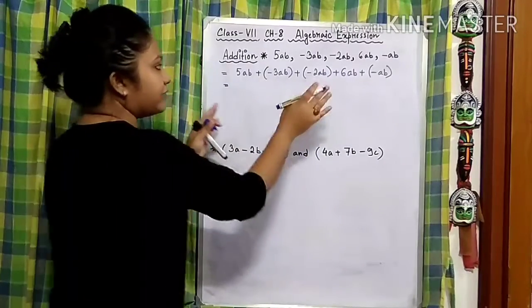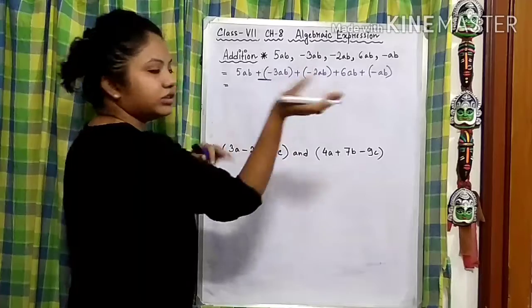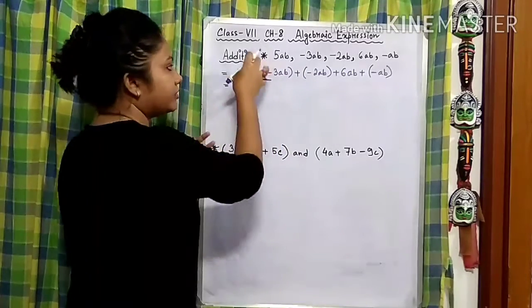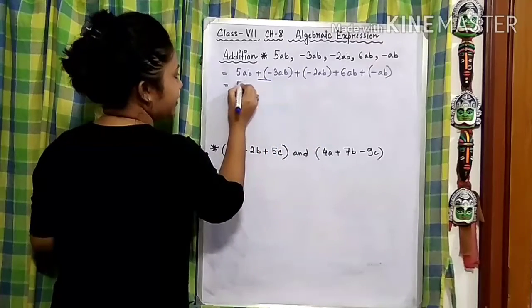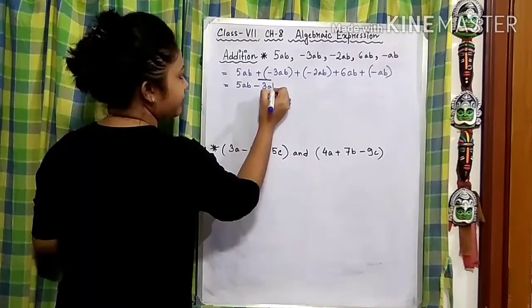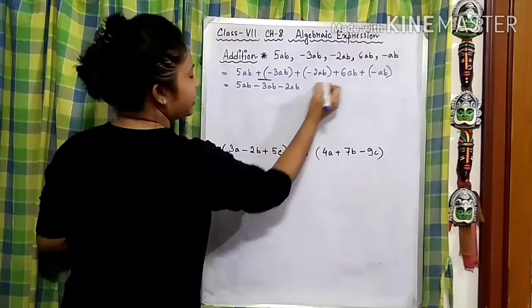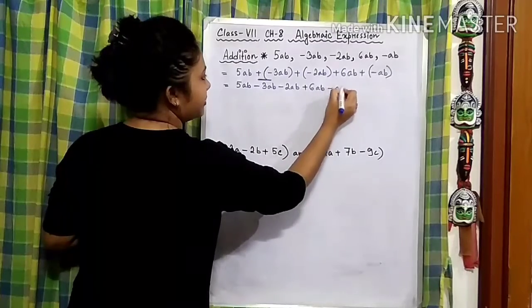Then we take out the brackets, that means we interact both signs and find the original sign: 5ab plus minus minus 3ab plus minus minus 2ab plus 6ab minus ab.